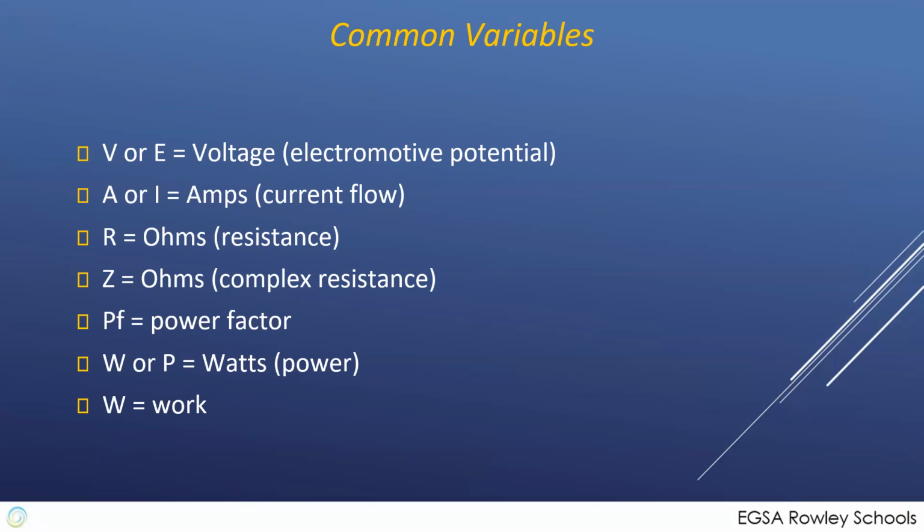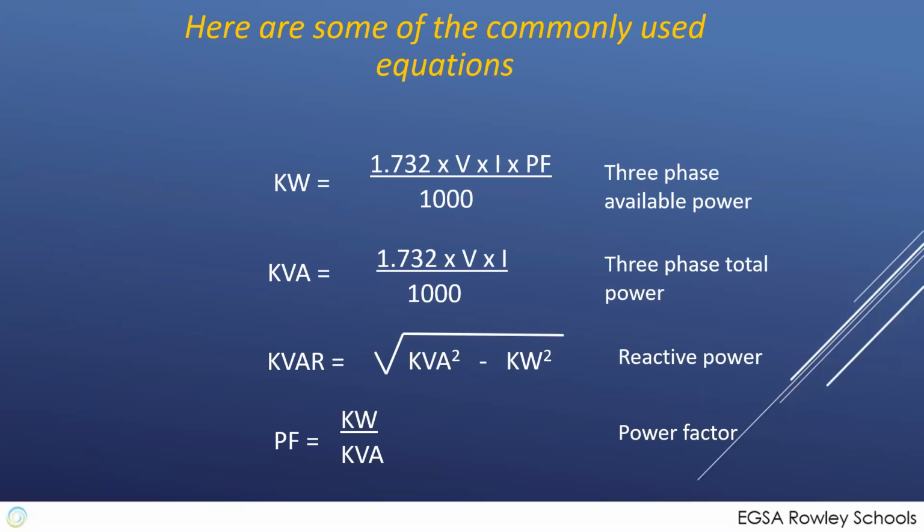So you're going to have to, in any reference you pull up on the web, any reference that you pull up from books, look carefully at the context of what they're doing to understand which unit means what. Some of the standard formulas that you're going to run into over and over in this course: three-phase available power.